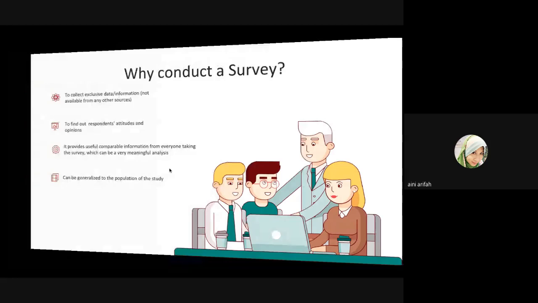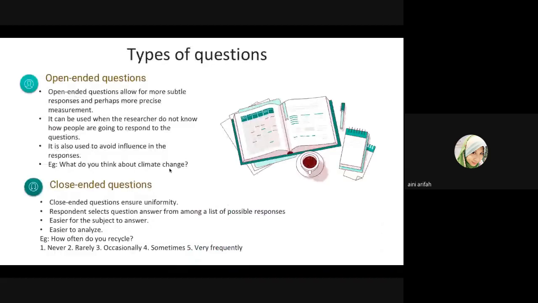Okay, so there are two types of questions. We have open-ended questions, and we also have closed-ended questions. So what are open-ended questions? Open-ended questions usually allow for more subtle responses and perhaps more precise measurement. Maybe the researcher does not know how people are likely to respond to your questions.